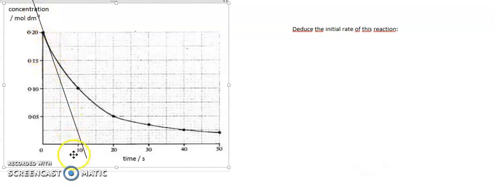And what we can see now is that for this one, we have approximately 11 here. So we can just use this triangle. We go from 0 to 11. So for the x-axis, we know that the gradient is supposed to be delta y divided by delta x.